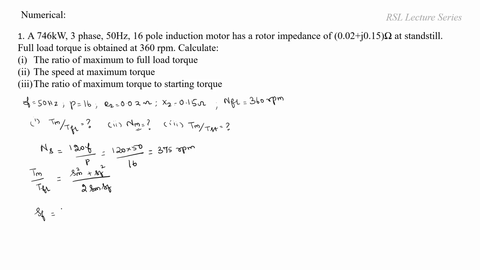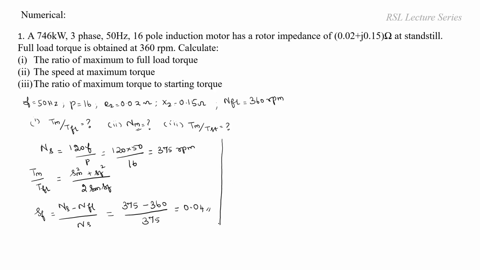So Sf is given by Ns minus N full load divided by Ns. So Ns is nothing but the synchronous speed. We have already derived 375. N full load is the speed corresponding to full load condition that is given, 360. So again divided by 375. So this will be equal to 0.04. So this is the slip corresponding to full load condition.